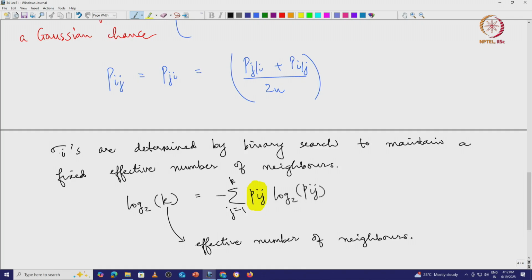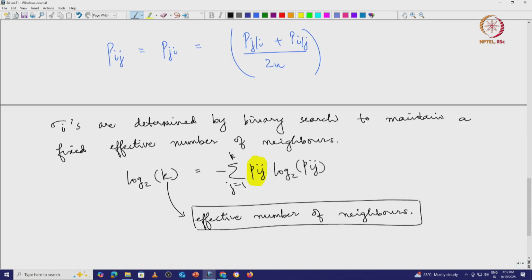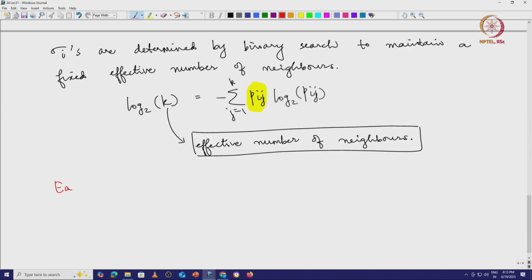So this is how your sigma i's are computed, and this k is a parameter in the model, right. You have to specify how many effective number of neighbors there are, right. So that is what is happening in the algorithm. So this is in the high dimensional space, that is how the similarity metric is defined. Now each point is mapped to a lower dimensional space.